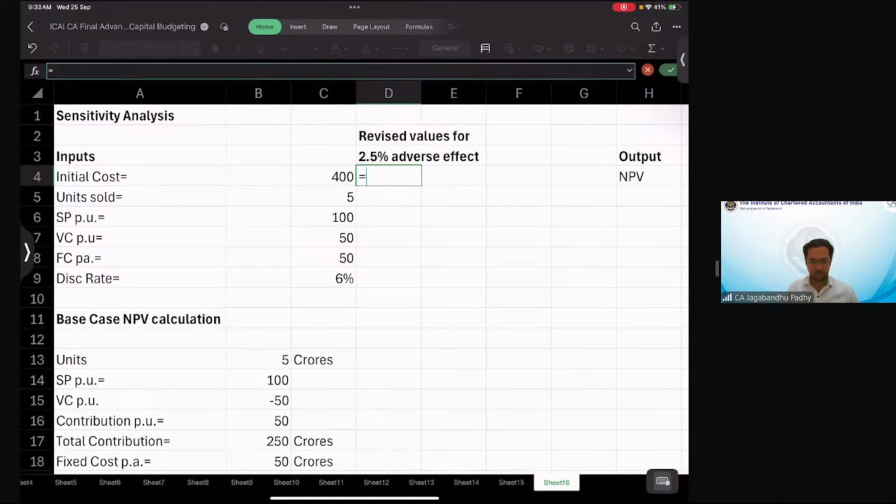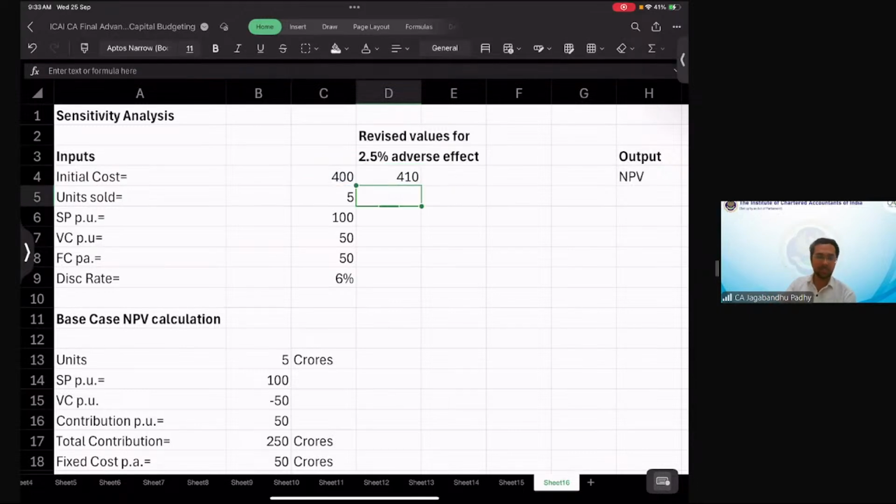So the initial cost will be 400 into 1 plus 2.5%. So we are going to increase the initial cost by 2.5%, right?